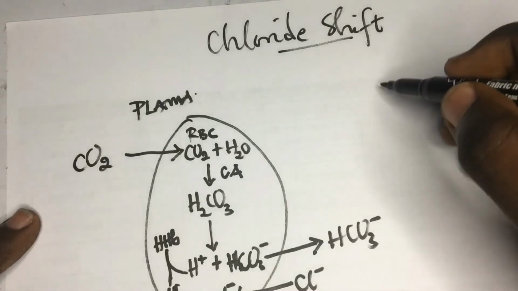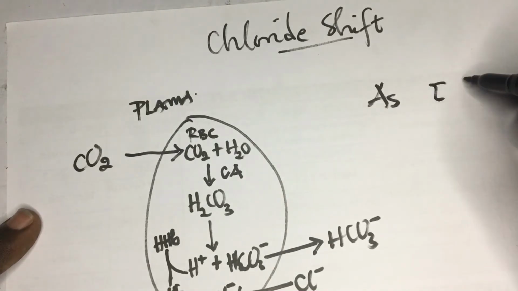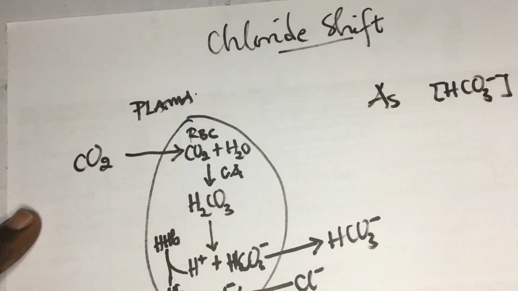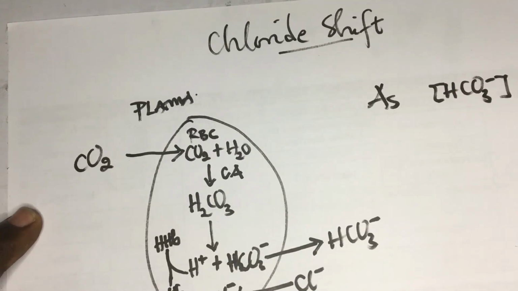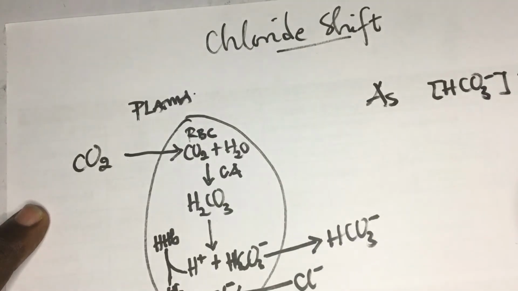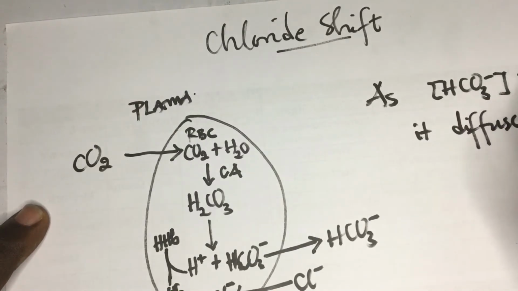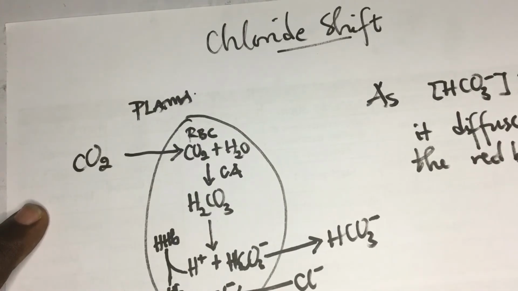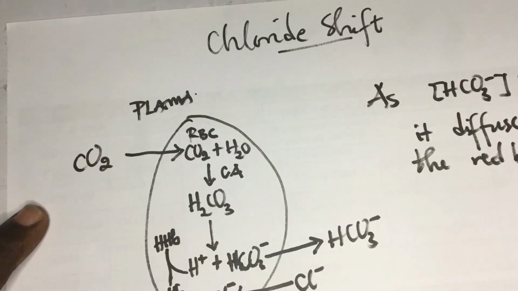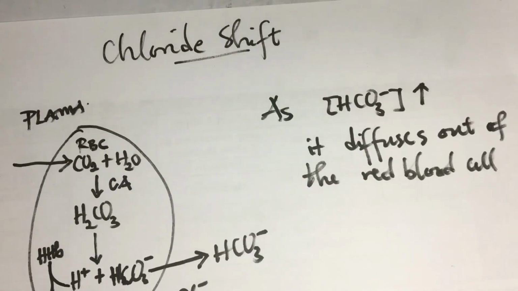As the concentration of the bicarbonate ions increases within the red blood cell, it's going to diffuse out of the red blood cell along its concentration gradient in exchange for the chloride ions.